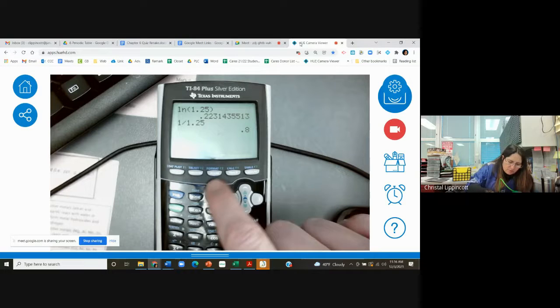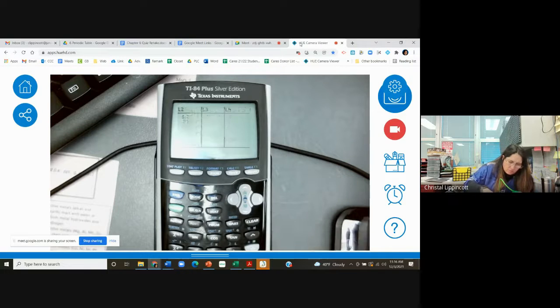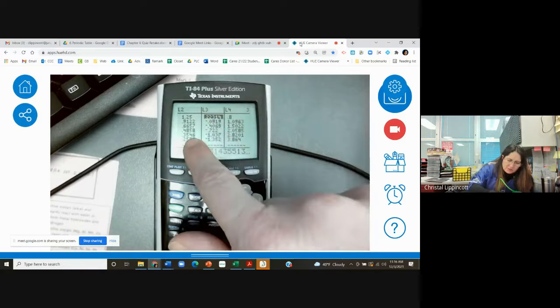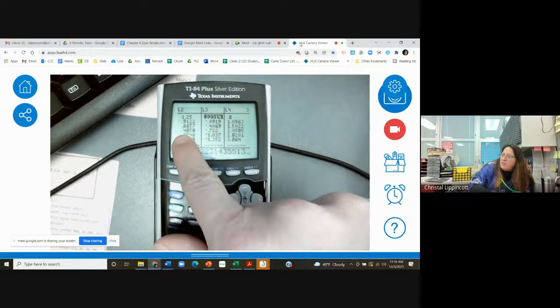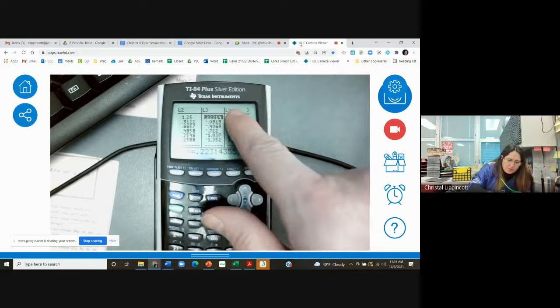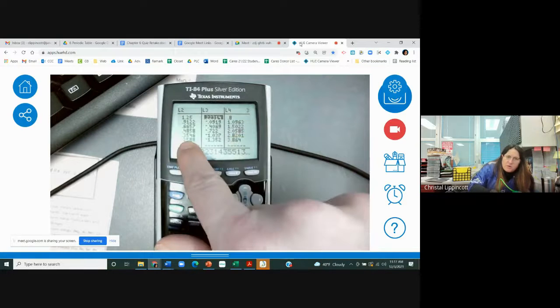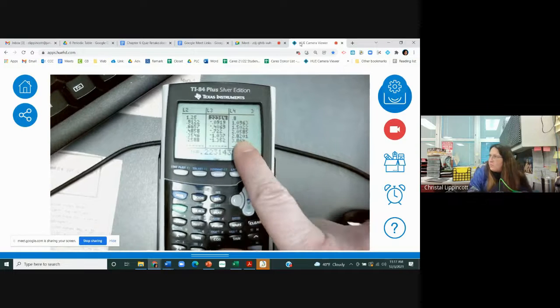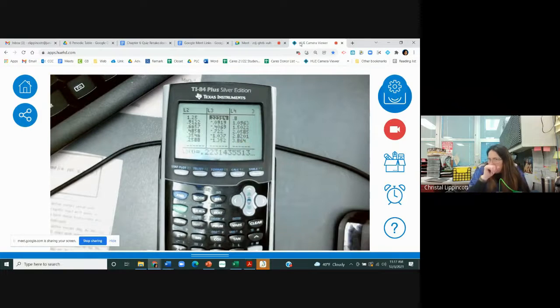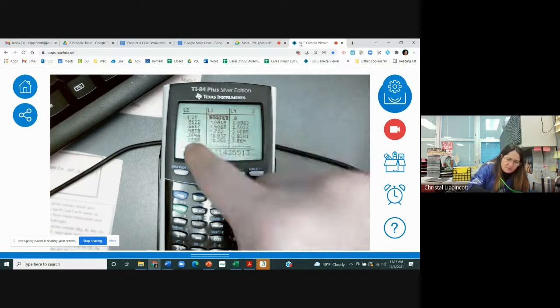So my list 2 is the concentration. That's what's in the table. This is the natural log of that concentration. I just had my calculator do it for me. And then this is 1 over this value. Again, I had my calculator do this whole column for me. So L1 is time. L2 is the concentration. L3 is the natural log of this concentration.